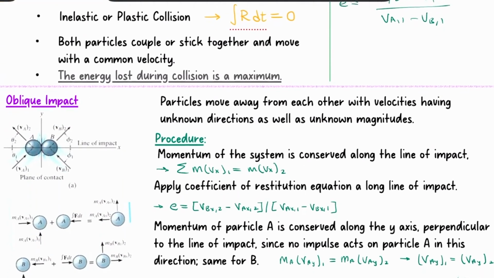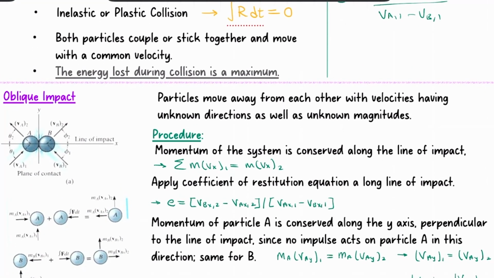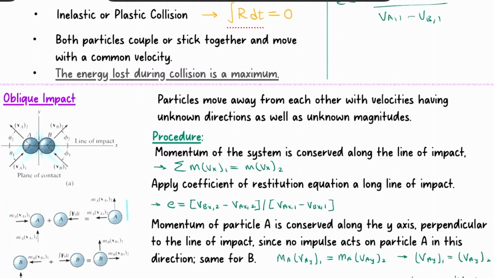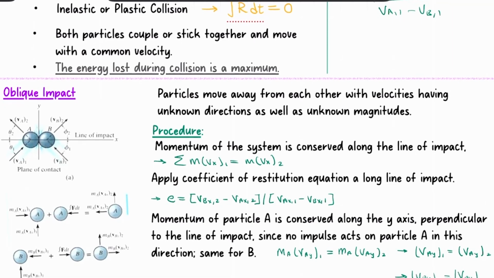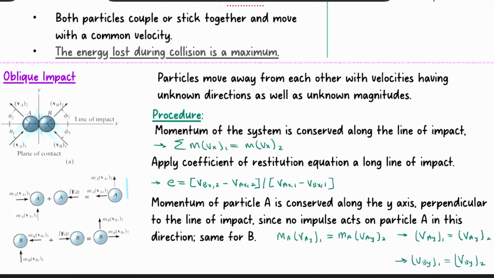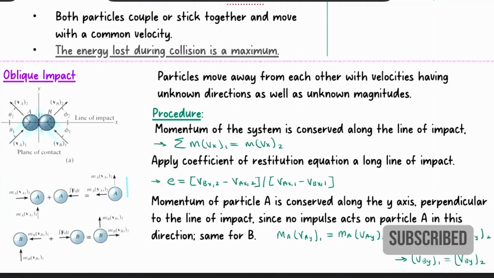Okay, so for an oblique impact, it's going to be pretty similar. The same principle applies, coefficient of restitution and everything. It's just that whenever we're dealing with oblique impacts, since we have objects coming in at angles, remember these are vectors, so we can divide them into the corresponding axes.